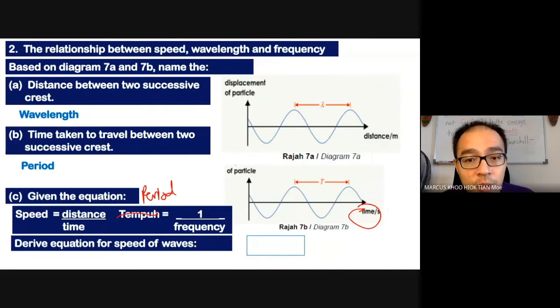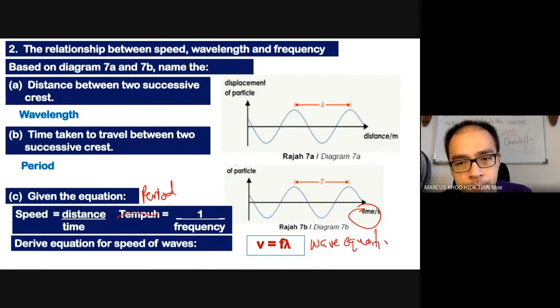It will be v equals f lambda. This equation is also known as the wave equation, or the wave speed equation.